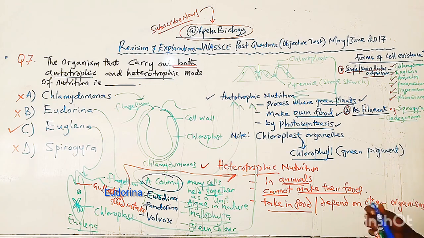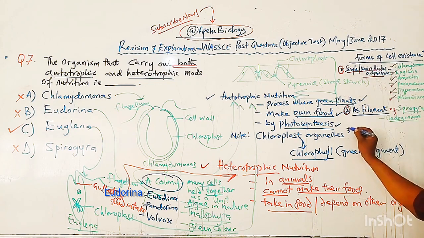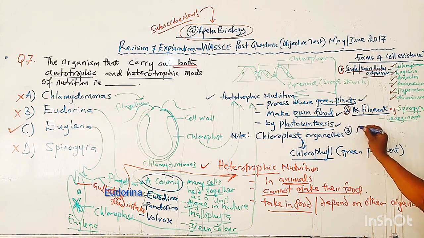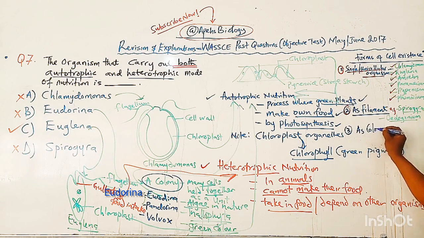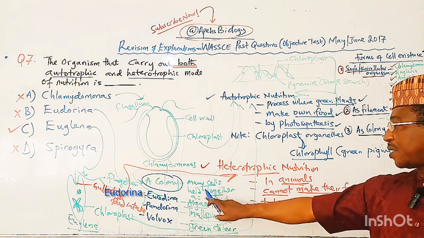The last group of organisms in which cells exist is number 3, and that one is going to be as colonies. Cells existing as colony. From that you can see that they come as a whole complete unit of cells. When we say cells exist as colony, that's why I say there are many cells held together.